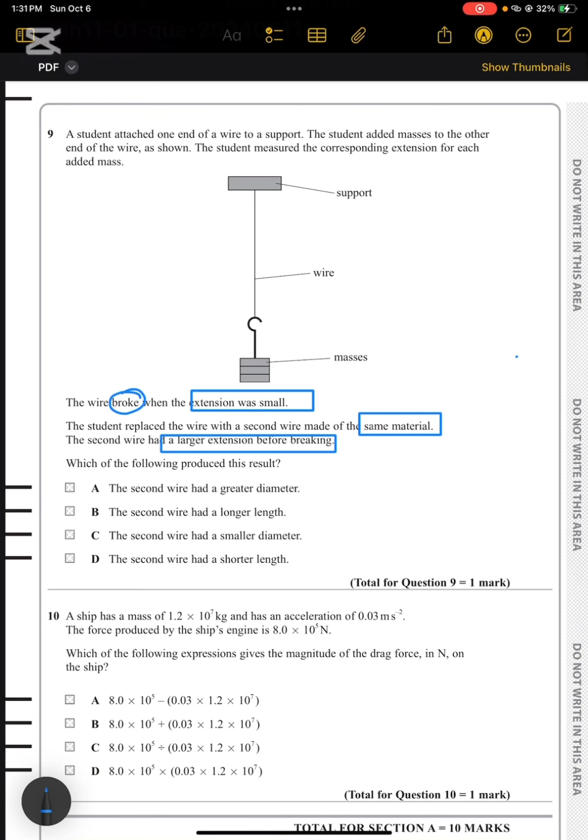We all know the formula of Young modulus is stress by strain. Stress is force per area, and the strain is change in length divided by original length.